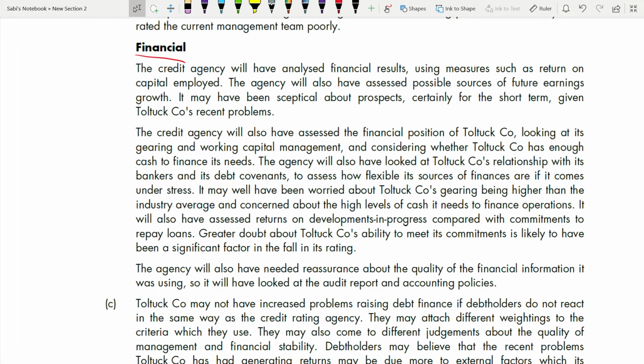What if your company in 1 month has to file for bankruptcy or go for liquidation? Then whose fault is it? The blame will come on the credit agency because they are the ones who gave good ratings. So how they manage, what their financial results are currently in the short term, how they perform, and what their future growth is, all has to be considered before a rating is given.